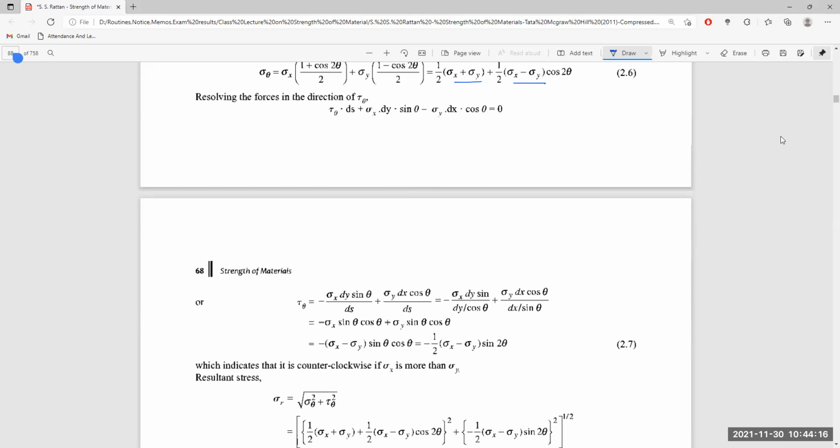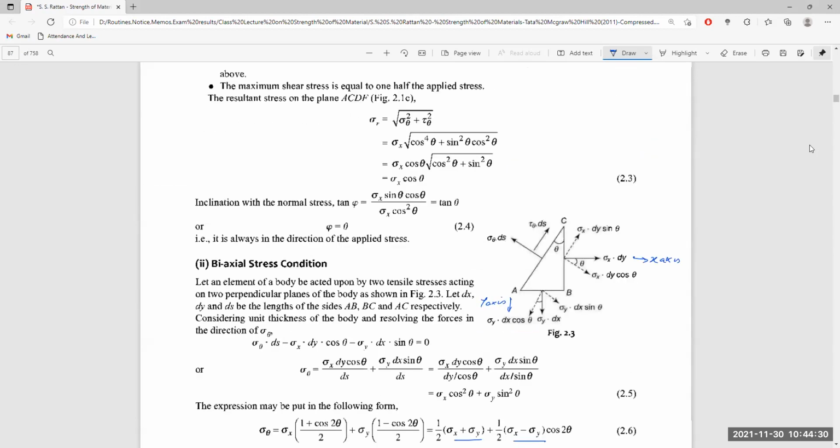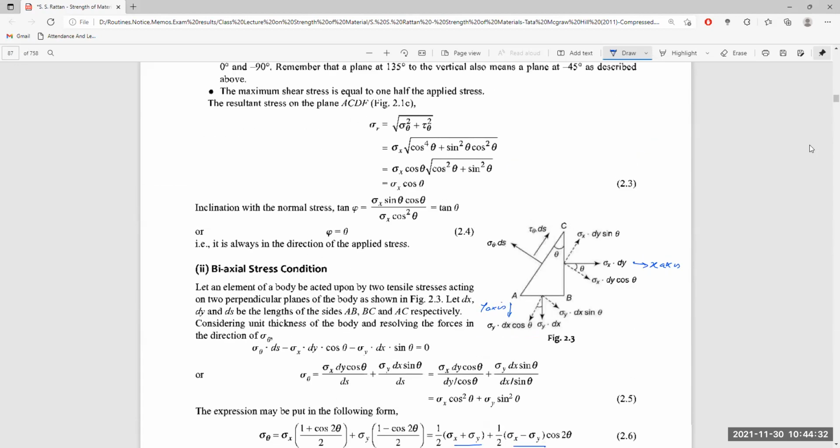Next, we are supposed to calculate the resultant of sigma theta and tau theta. What is the resultant force? That is sigma r, which is the resultant of the forces sigma theta and tau theta, acting along this direction.